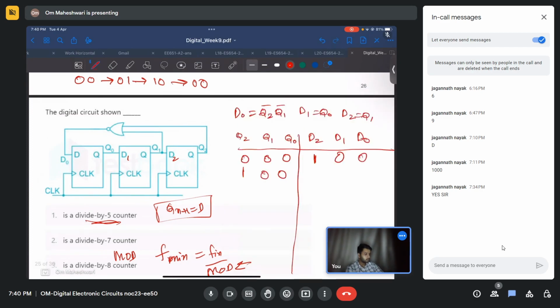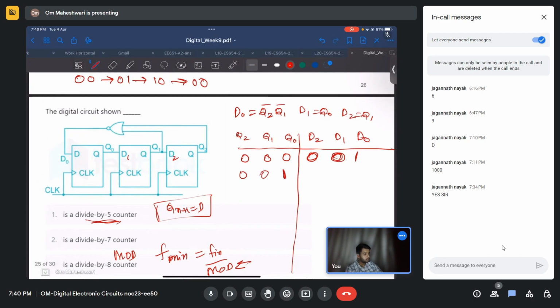Then D2 is Q1, which is 0, D1 is Q0, which is 0, and D0 is Q2 bar Q1 bar, this is 1. So then we will have 0 0 1.